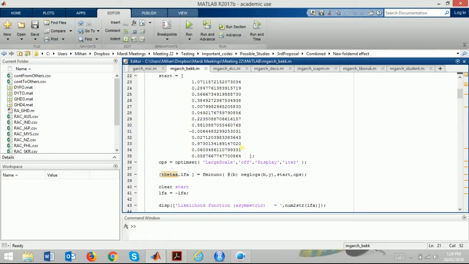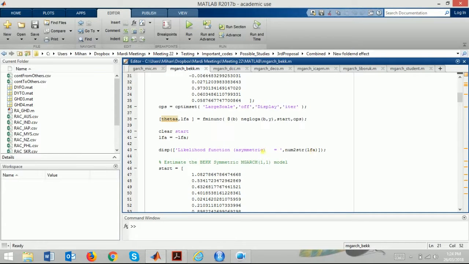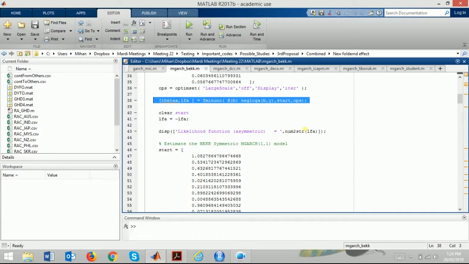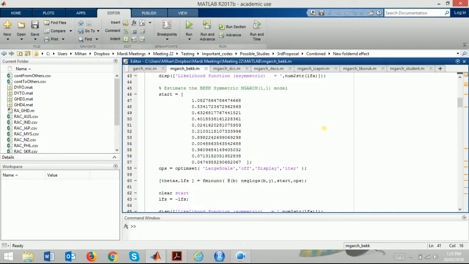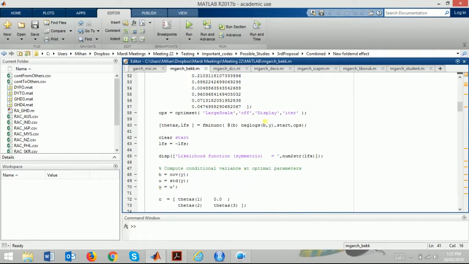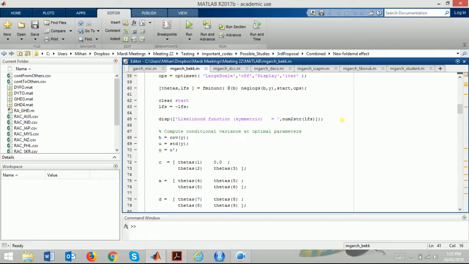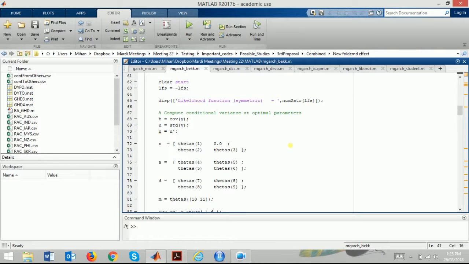With the gammas and conditional mean you have 13 parameters, unknown is 11, so you just give something to start with and you run the first function and fine, great, you have all the parameters you need. For asymmetric you have 2 fewer, 1 2 3 4 5 6 7 8 9 10 11. You run it again and fine, and then conditional variance at optimal parameters.